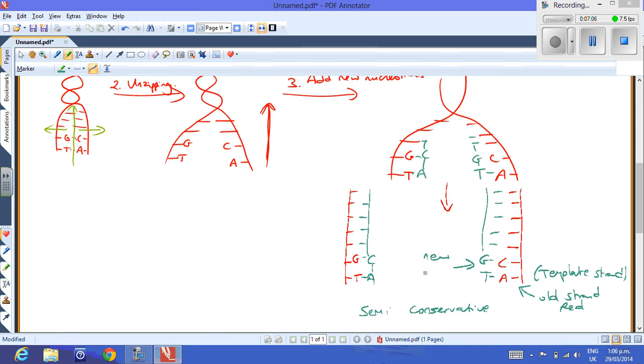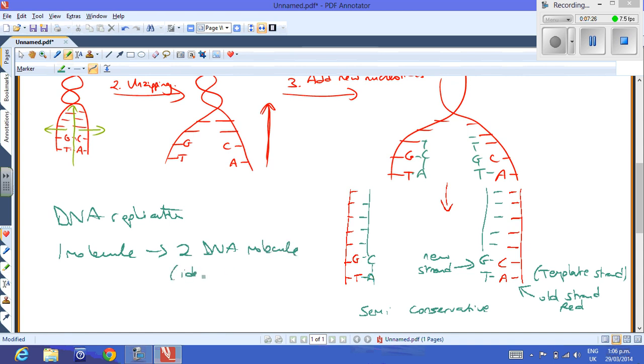So it's half new, half old. That's why it's described as being semi-conservative. In any case, the outcome of DNA replication is that you have replicated the original DNA molecules. You've gone from one molecule to two DNA molecules, and they are identical to each other.